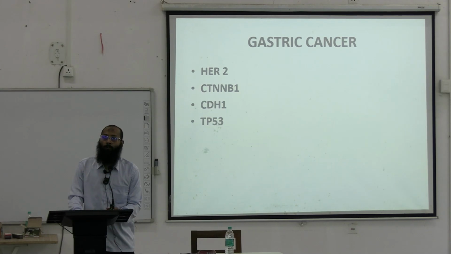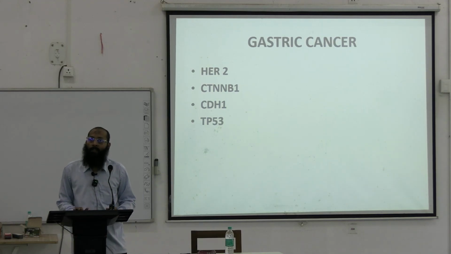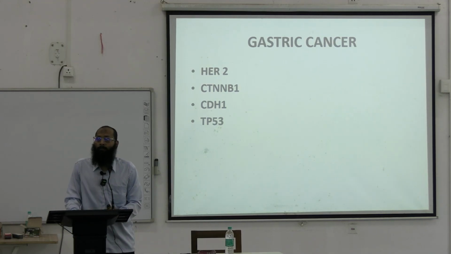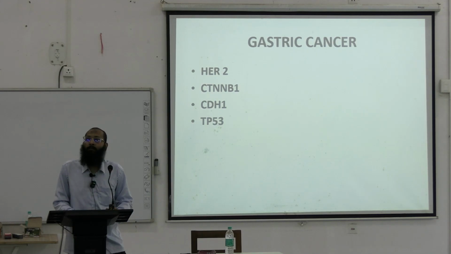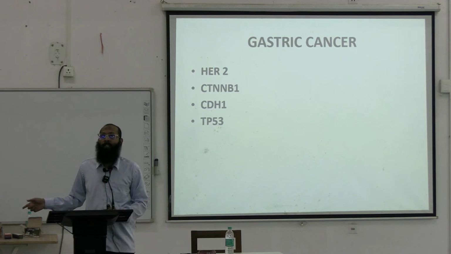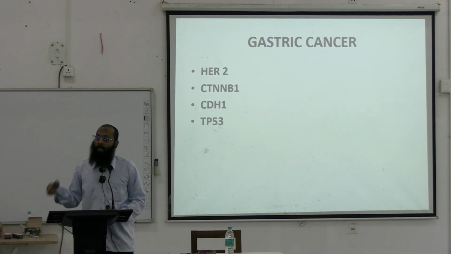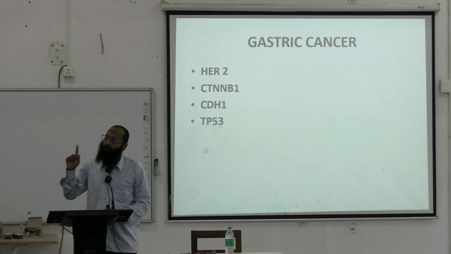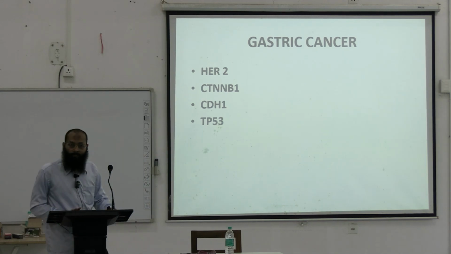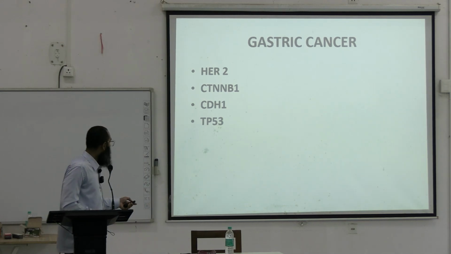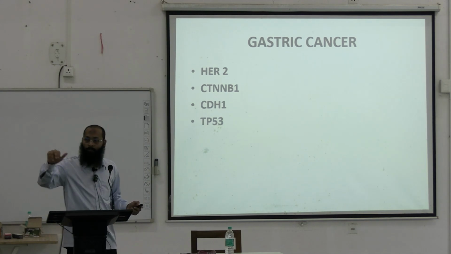No, it will not hold the beta-catenin. So what will be the result? Beta-catenin will accumulate, then it will go to the nucleus, then bind with TCF, stimulate the genes related to cell proliferation, causes cell proliferation. Fine? Clear?